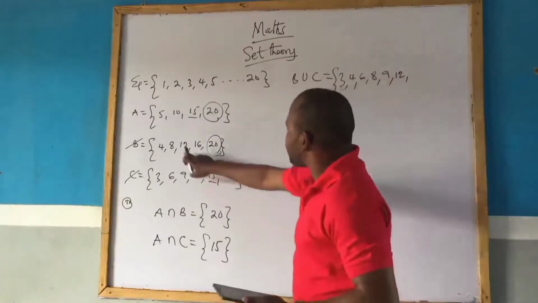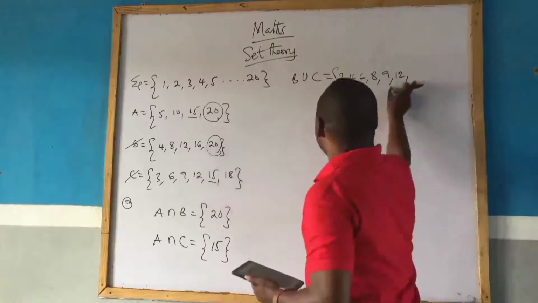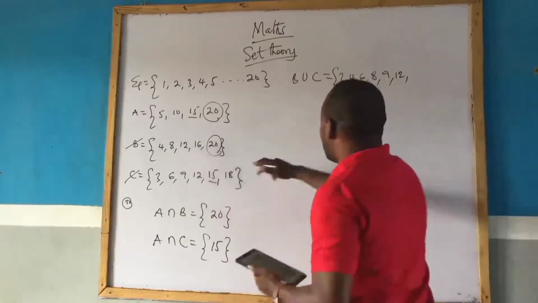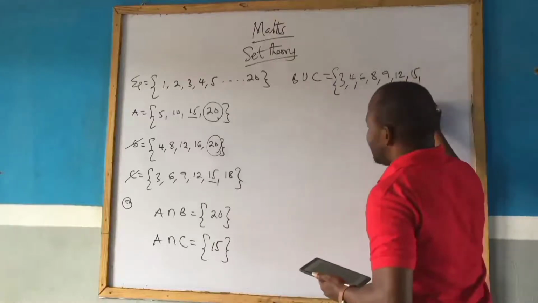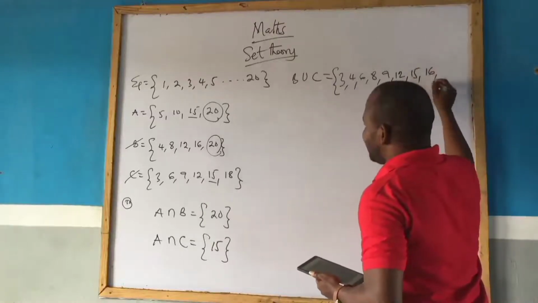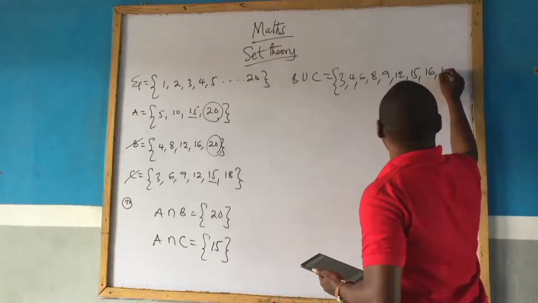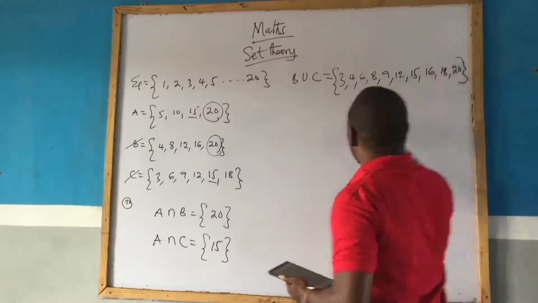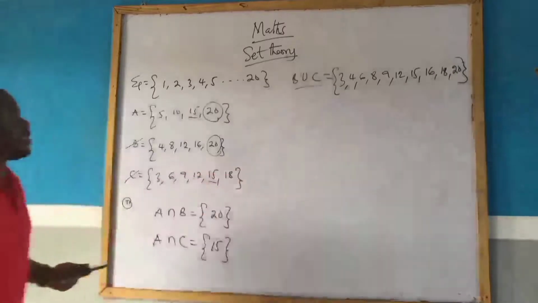Now you will see that 12 is here, 12 is here. It doesn't mean I'm going to write it twice. I'll still write it just one time. So 12, we have 15, 16, 18, and then 20. So this is B union C.